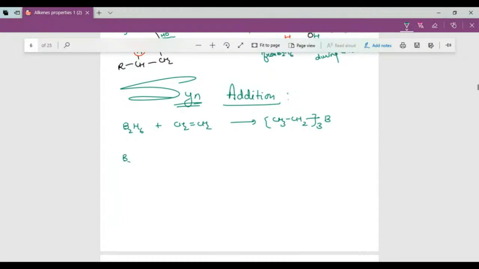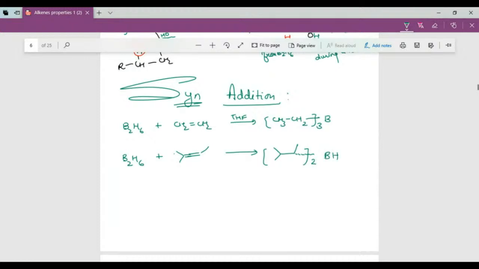Let me tell you an example. If I attach B2H6, always in THF, never without THF, to something like this, it is 2-methyl propene. If I attach to 2-methyl propene, it will not be able to form so much of substitution. From here it will be connected, and it will be only connected 2 times.